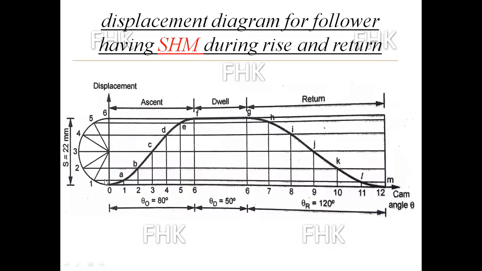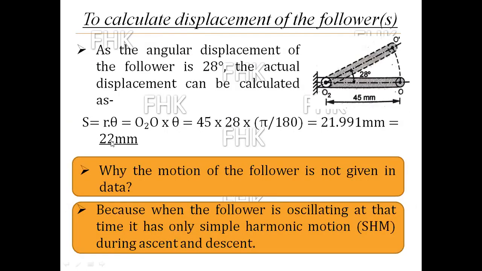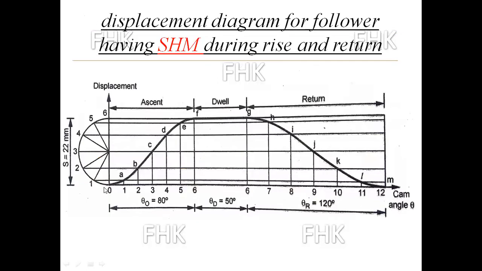Okay, now this 22 mm which I found out, I will directly take on the vertical axis, the y axis, 22 mm. As per regular procedure, on the x axis I will plot the cam angle, rotation of cam angle theta.